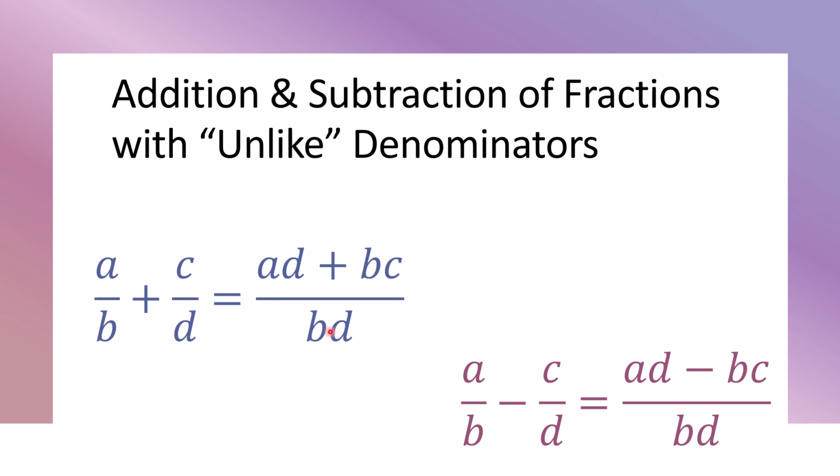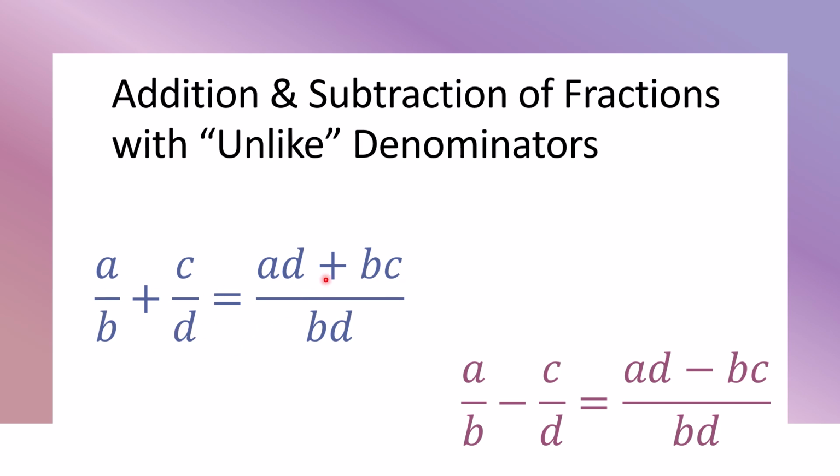All right, so let's talk about how you add and subtract fractions when they do not have a common denominator, so when they have unlike denominators. This is the general formula. So if you don't want to talk about common denominators, you can just teach your students this general formula. You may feel like it looks similar to cross multiplication.